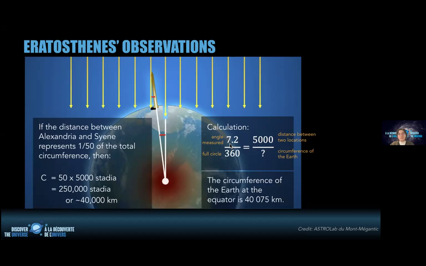And what we know as the circumference of the Earth right now around the equator is 40,075 kilometers. So he was off by only 75 kilometers with his ancient measurements of the circumference of the Earth. And all he used were his intuition, his observations, and simple triangle mathematics.